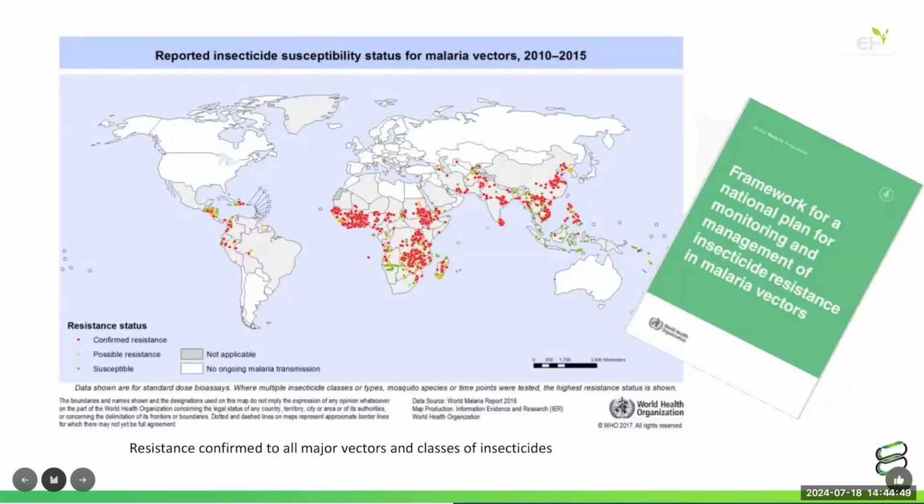But as years went by, when surveillance was intensified, we could begin to see that there was resistance, especially as even the nets that we were deploying by then were also pyrethroid based. So that put a lot of pressure on our mosquito populations, and countries started noticing some resistance, especially to pyrethroids. Next slide.